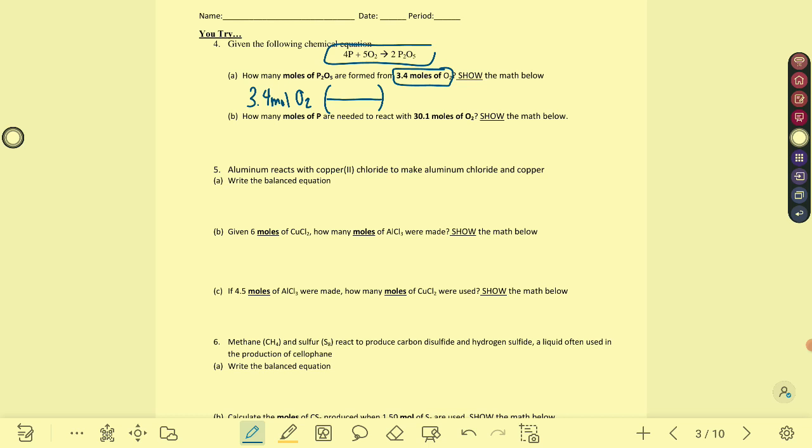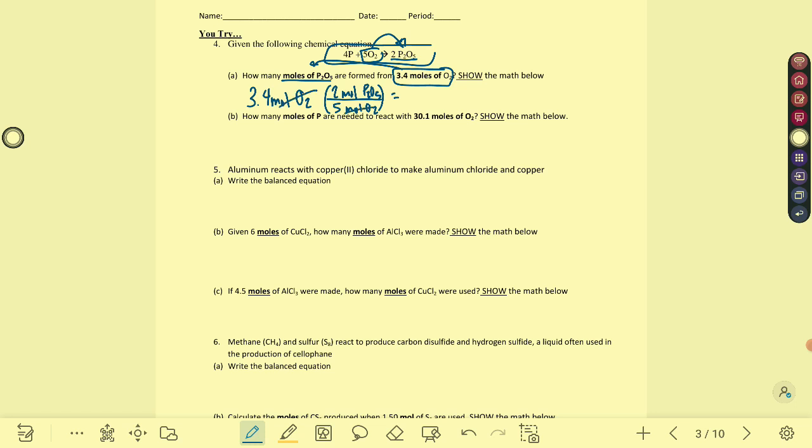I need on the bottom of my first conversion factor to have MOL of O2. But what I'm going to is MOL of P2O5. So oxygen to P2O5 means that I have 5 moles of O2 to 2 moles P2O5.